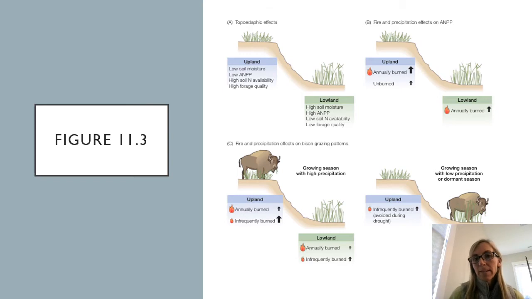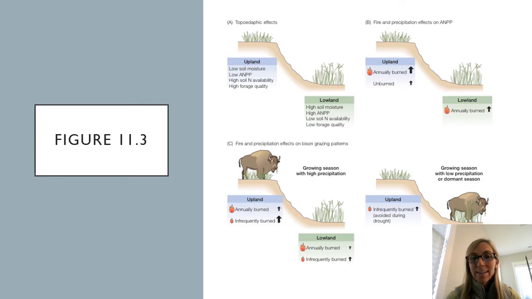So it specifically looked at the above ground net primary productivity, the ANPP, within this system. It found that topographic position often mediates the effect of other variables that are important for plant growth, fire and precipitation.